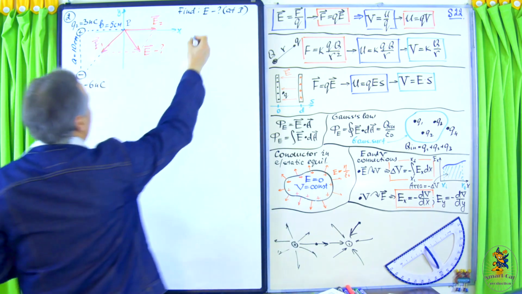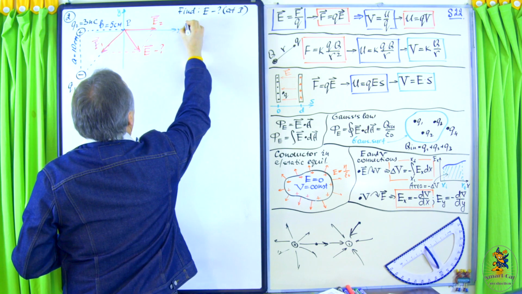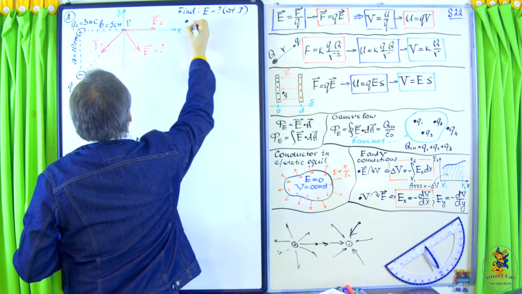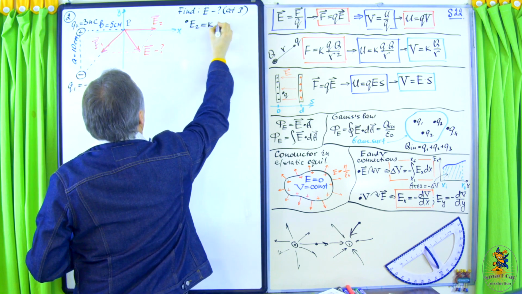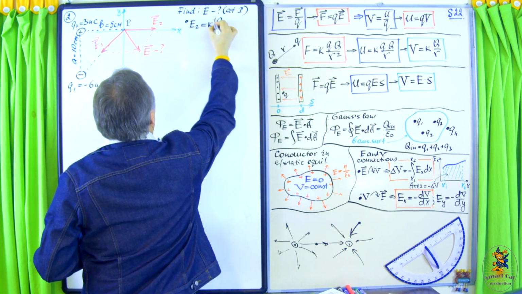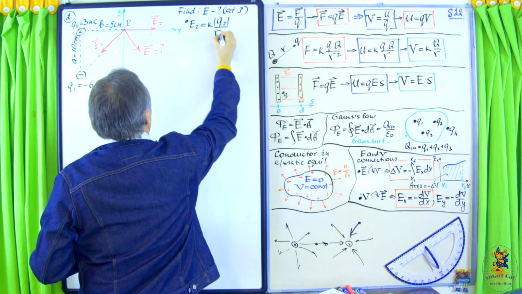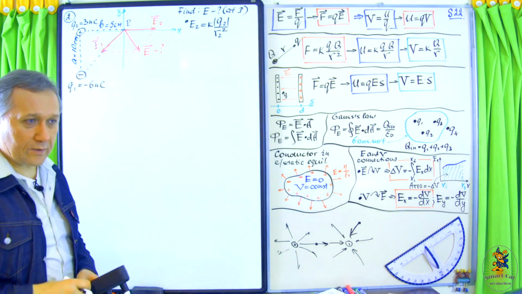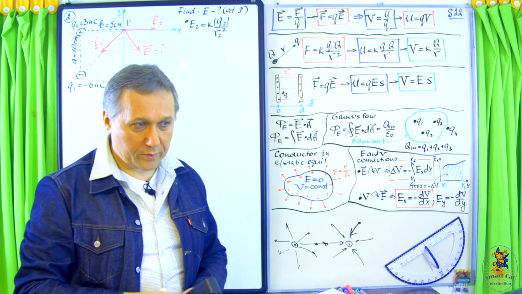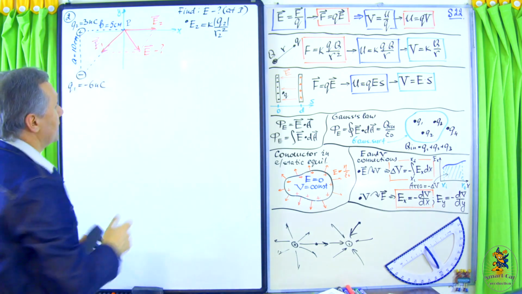Okay, so let's start. First, let me put the first bullet over here: the absolute value of E2 will be K times the absolute value of the charge Q2 divided by the square of the distance from the second charge to the point where we want to find the electric field.